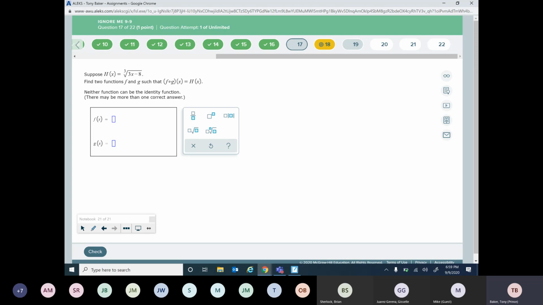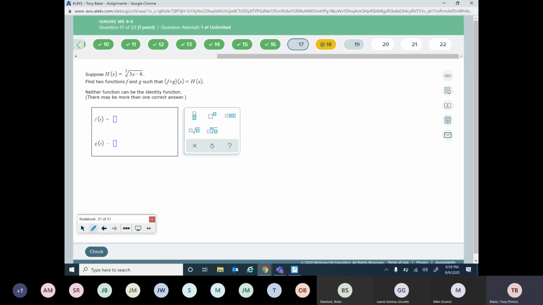All you're ever going to do is take the piece that's in the middle there, whatever's underneath the square root or in the exponent or inside the parentheses, that's going to be your g. So my g of x is going to be 3x minus 8. And then my f of x will be the cube root of x.